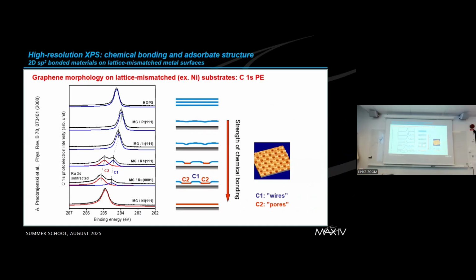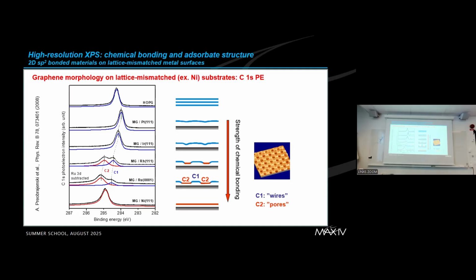It's going down at certain adsorption sites where the adsorption is more preferable, and then it's going up again. And these areas corresponding to the pores and areas corresponding to the wires are clearly visible in the XPS, so that we can study it with XPS.